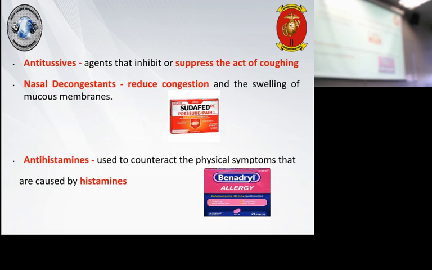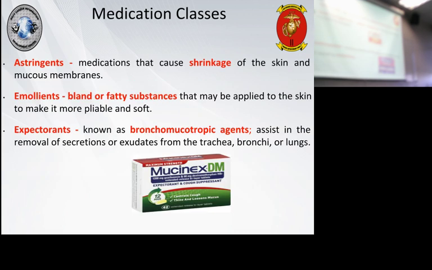And just before I go in depth with these, for these medications, it's good to know what they do. Obviously, when you see the exam, it's really case-based. So my recommendation is go over what they are, like astringents for shrinking, and then look for more examples of medications, like Mucinex and expectorant.